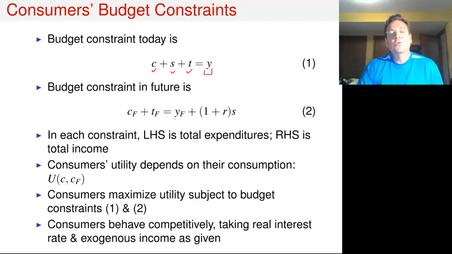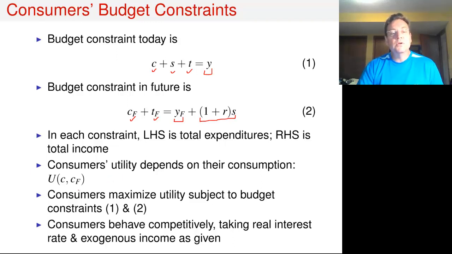Then in the future, they receive YF units of goods. If they've saved some amount S, they also get 1 plus R times S, the return on the savings. And out of this total income, they buy consumption goods and they pay taxes. So the left-hand side is just total expenditures, the right-hand side is just total income.